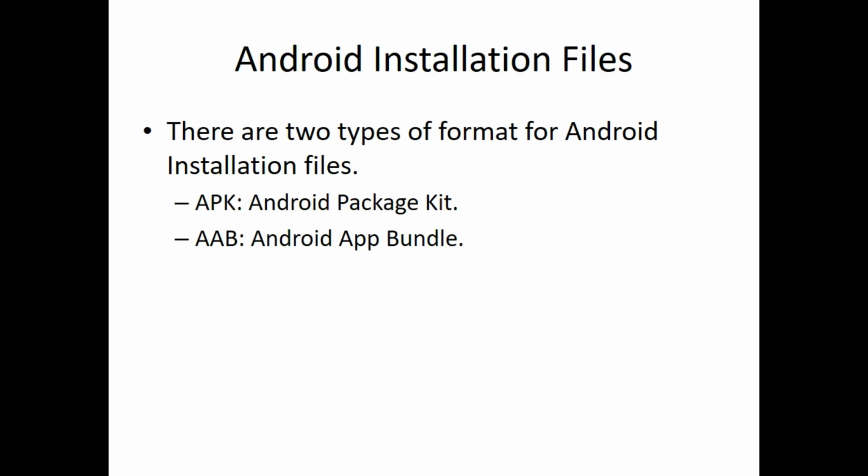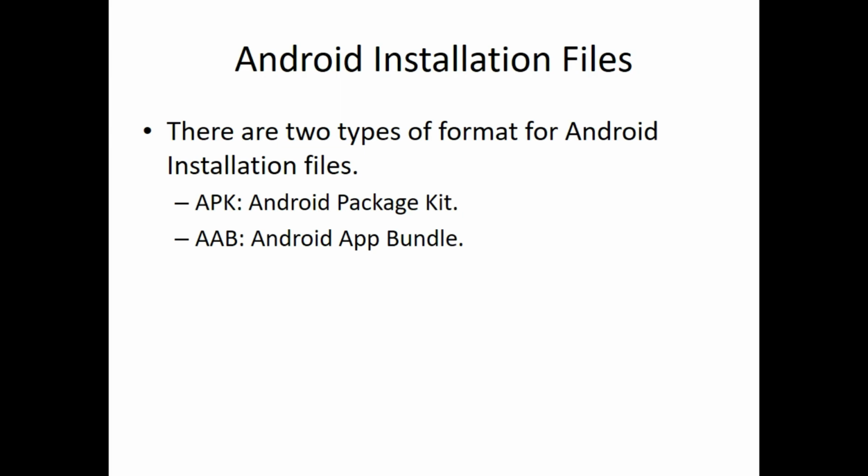I will discuss it in future; I already have a video on my YouTube channel called What is Android App Bundle, AAB. You can read there, there is a comparison between APK and AAB. So my YouTube channel DVK Tutorials already has a comparison between these two.